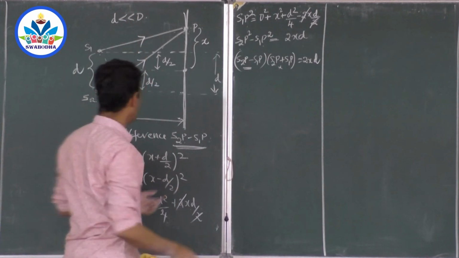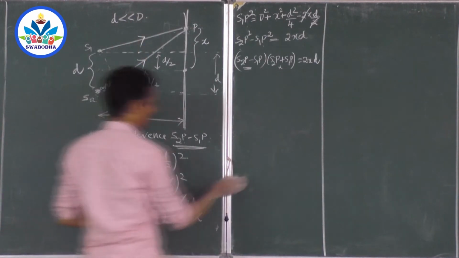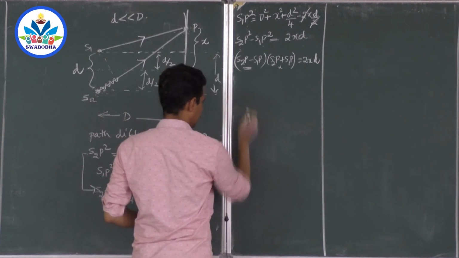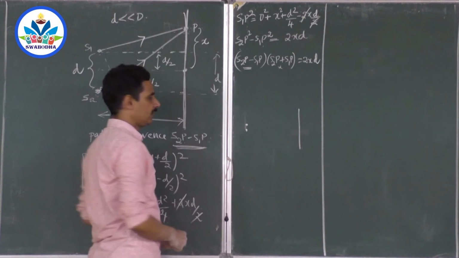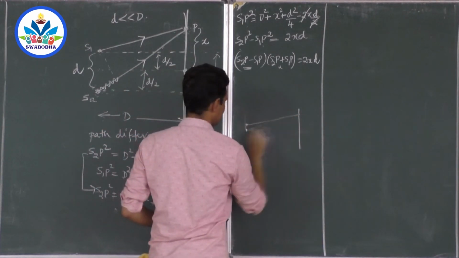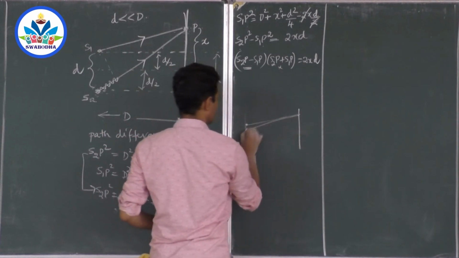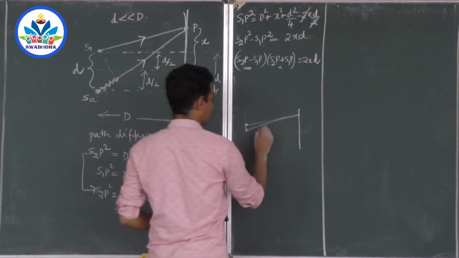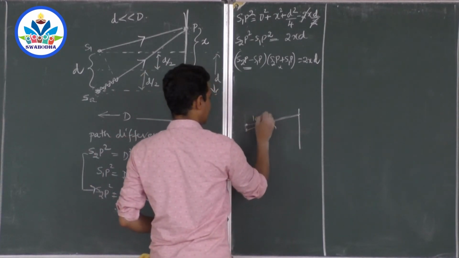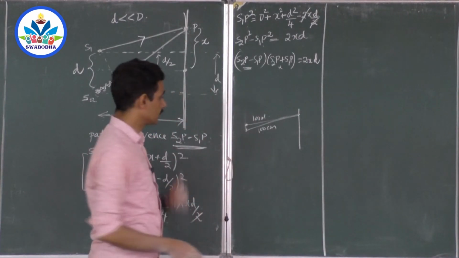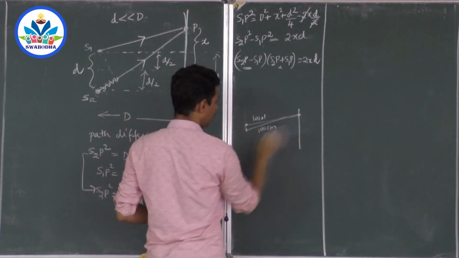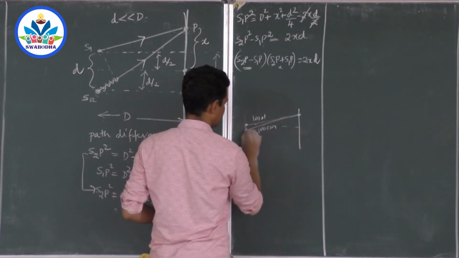In such a case, suppose you have two sources of light which are very close, and you have a screen very, very far away. What about this distance and this distance? Suppose this is 100 centimeter and this is 100.1 centimeter. Only that much difference, because you are moving to a point very close to the central fringe.